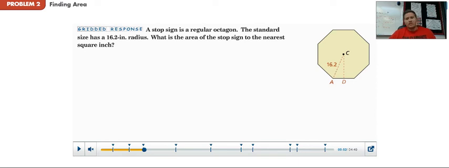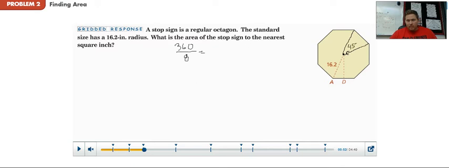So we're going to do the same thing. We have to figure out what this central angle from the center is going to be. We know that all of them added together are 360, and an octagon has 8 different sides, so we divide by 8. 360 divided by 8 means each of these angles is 45 degrees.